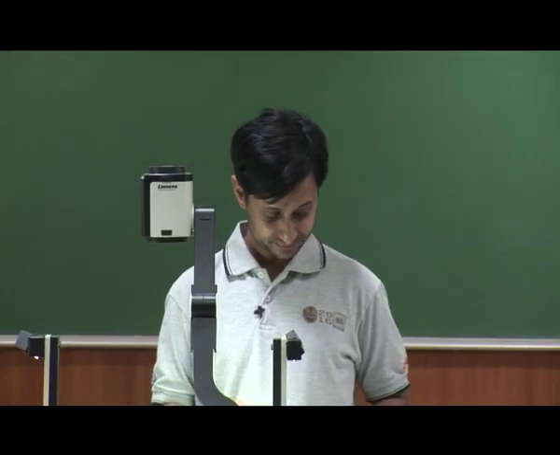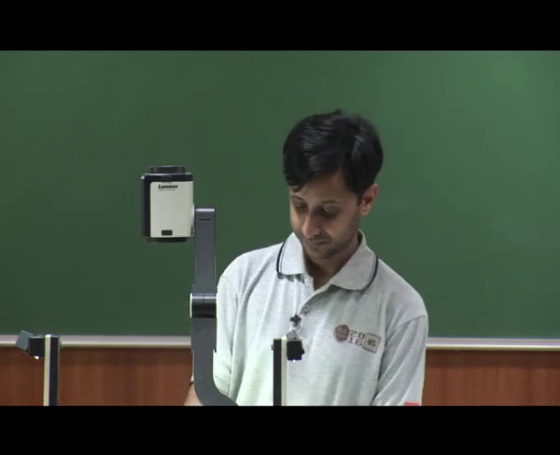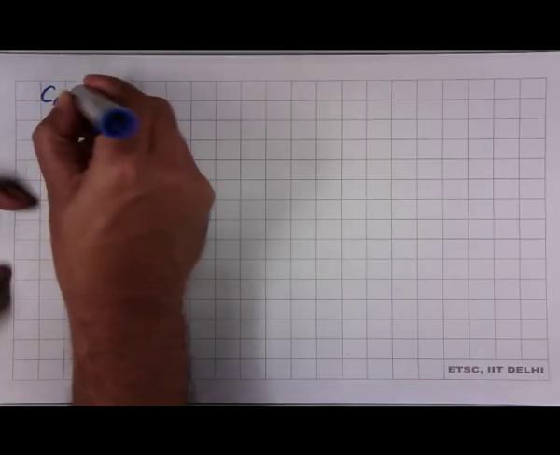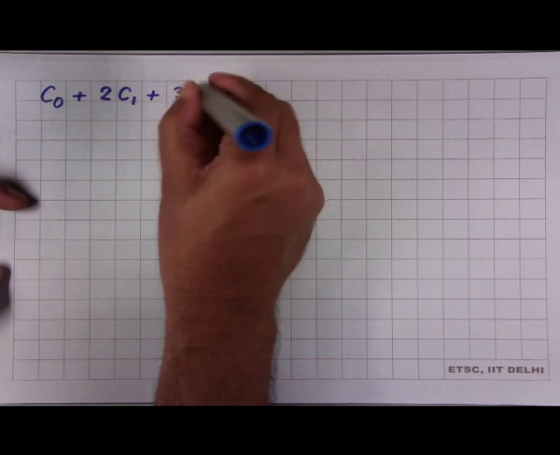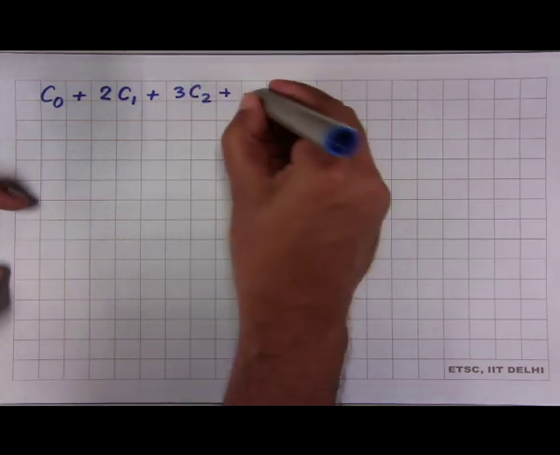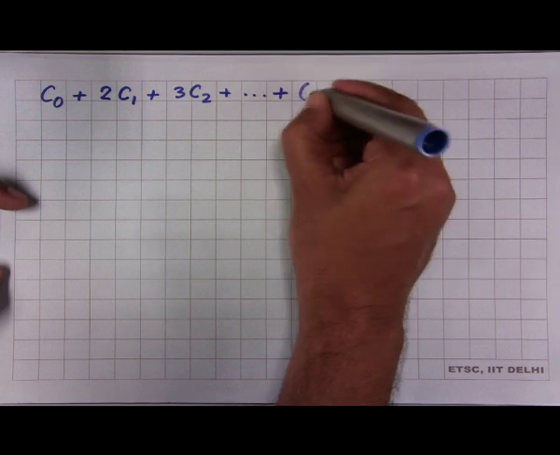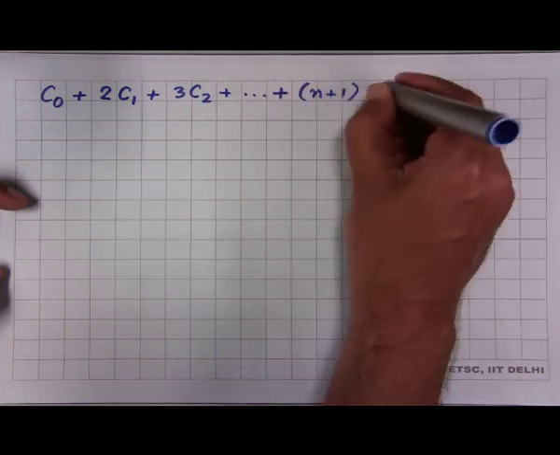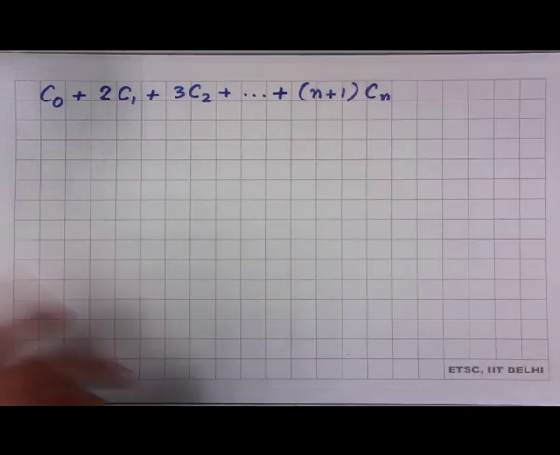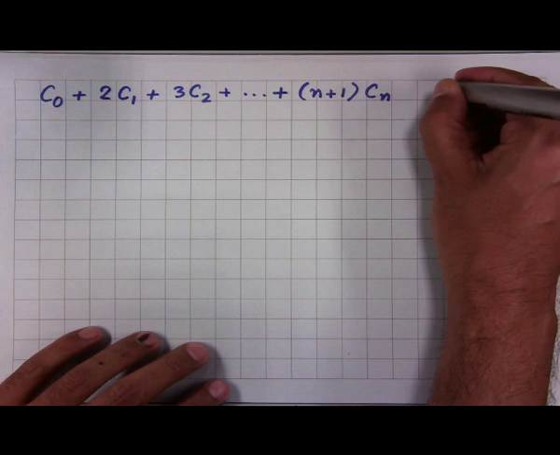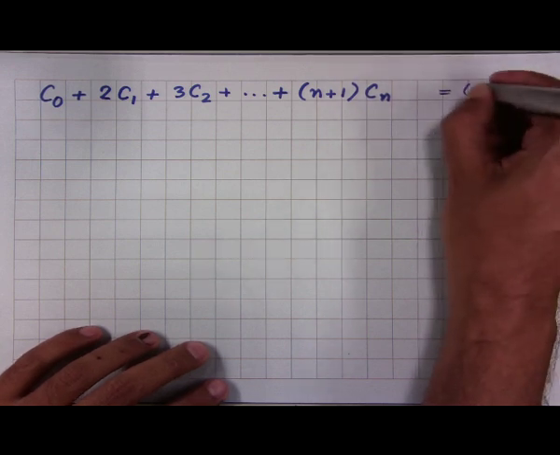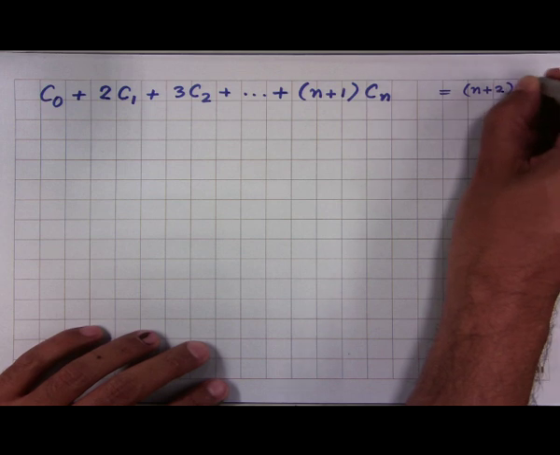Okay, let us try another one. So, this is what I have, and eventually you have to show that this is equal to n plus 2 power n minus 1.